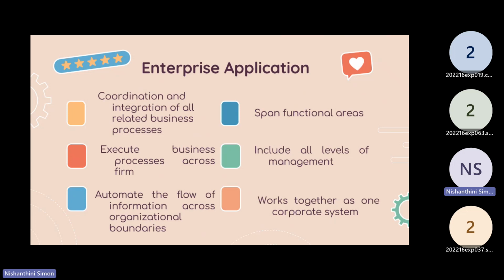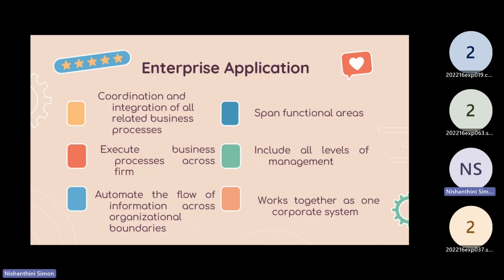Maybe they could have two or three systems, but all these systems are not limited to a division or a department; they span the organization. All the departments will access and use the same system, and even all levels of employees will access and use the same system. That is what we refer to as an enterprise application. So rather than focusing on a division or a department, we focus on the business process.